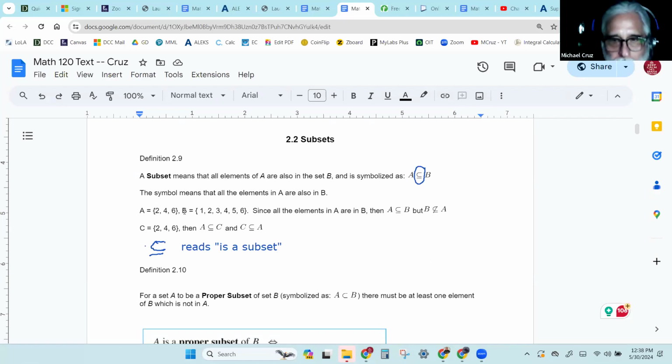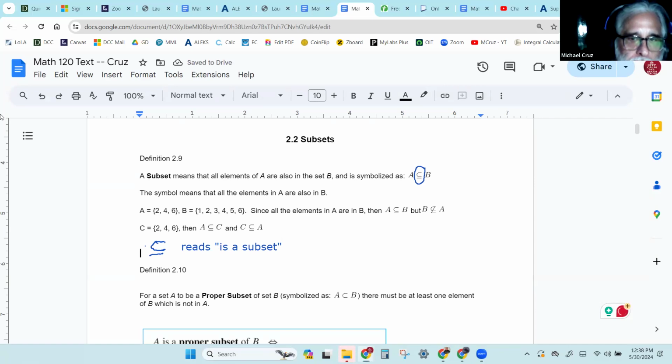So let's go back up here. We have a set A that's got 2, 4, and 6 in it. And set B has got 1, 2, 3, 4, 5, and 6.